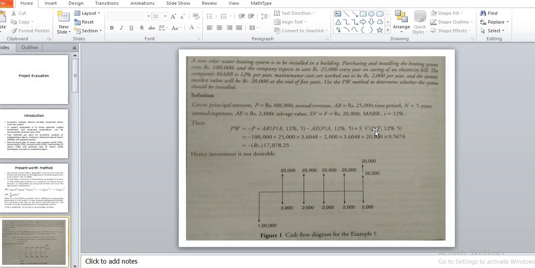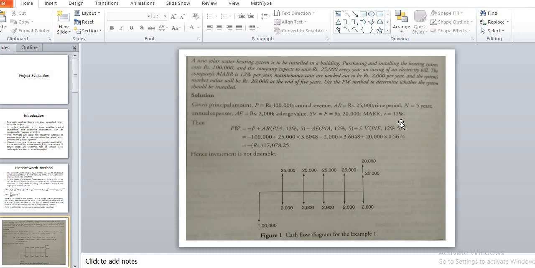Annual expenses are 2,000. Maintenance cost is considered in expenses per year, 2,000. Salvage value at the end of the 5th year, how much value the system has, is given as 20,000, and the minimum attractive rate of return is given as i equal to 12%.